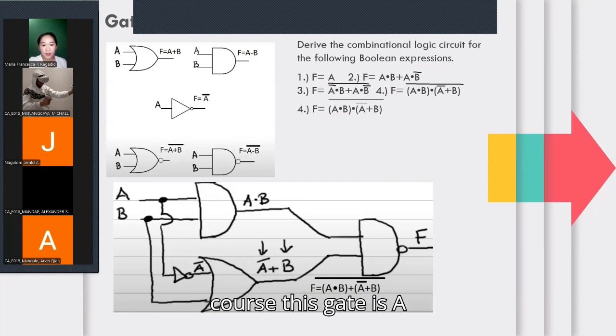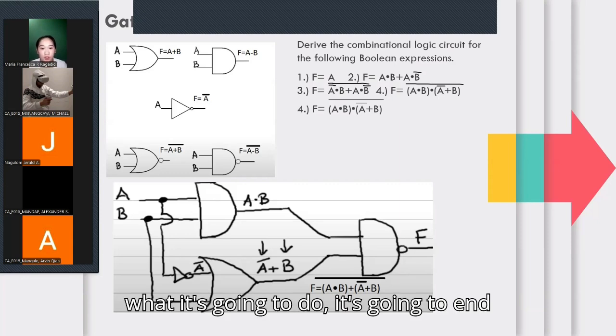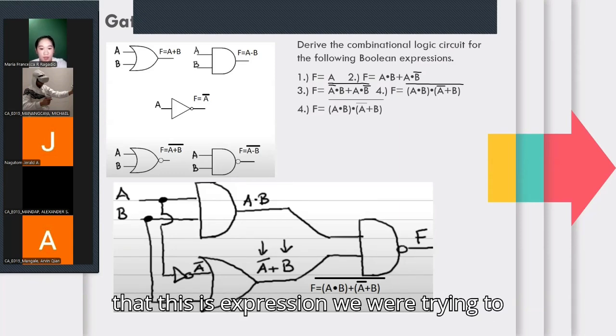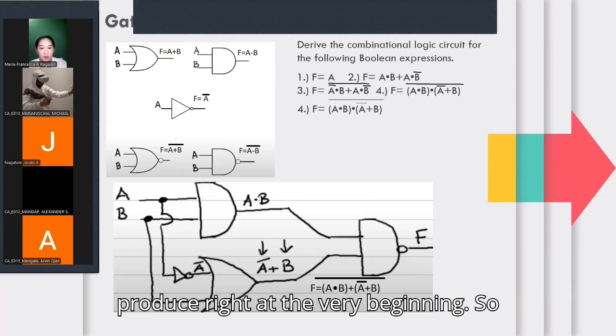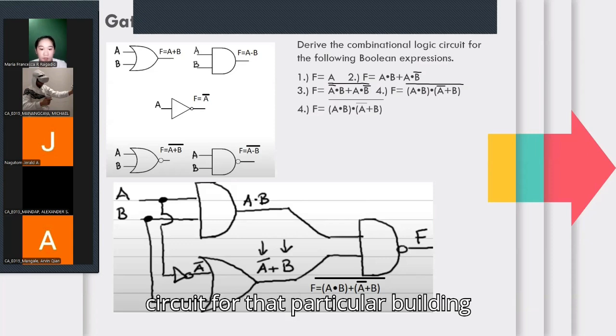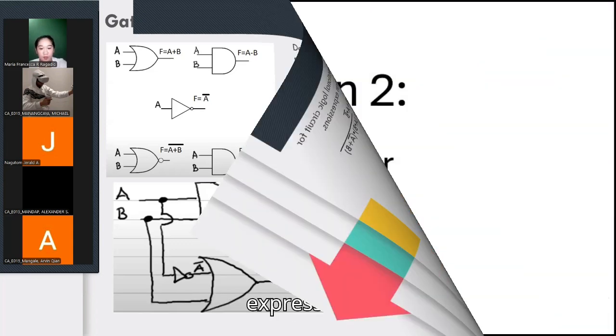Of course, this gate is an A AND B gate, so it's going to AND them and then NOT them, and we can say that this is the expression we were trying to produce right at the very beginning. So we've just produced a combinational logic circuit for that particular Boolean expression.